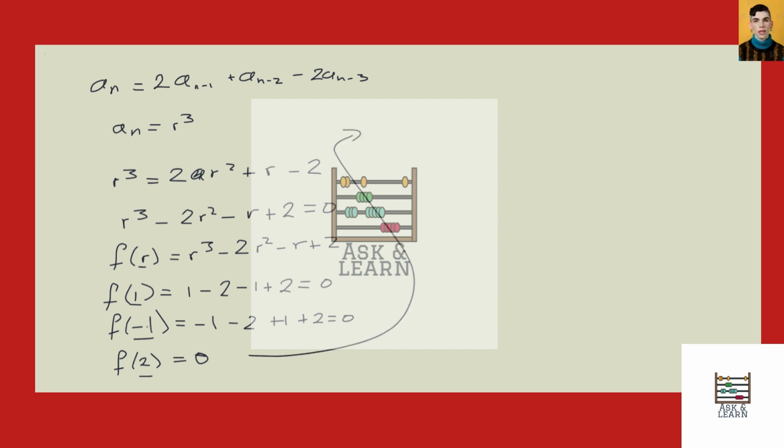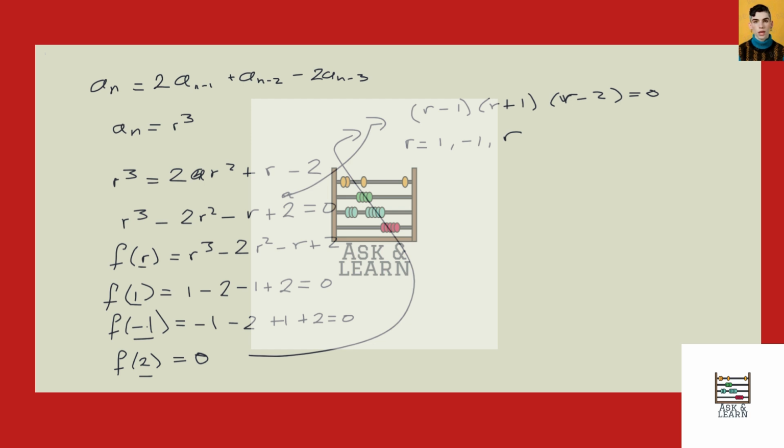So then this can be factorized into (r minus 1)(r plus 1)(r minus 2) is equal to 0. So then your roots are r is equal to 1, minus 1, and 2.